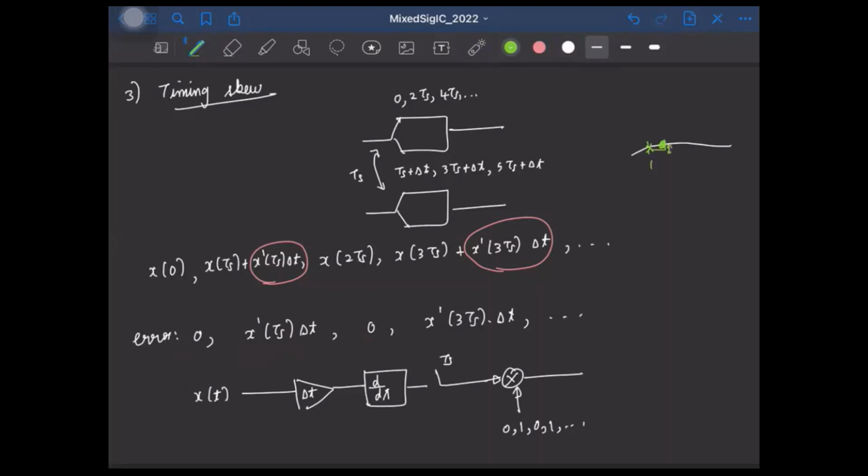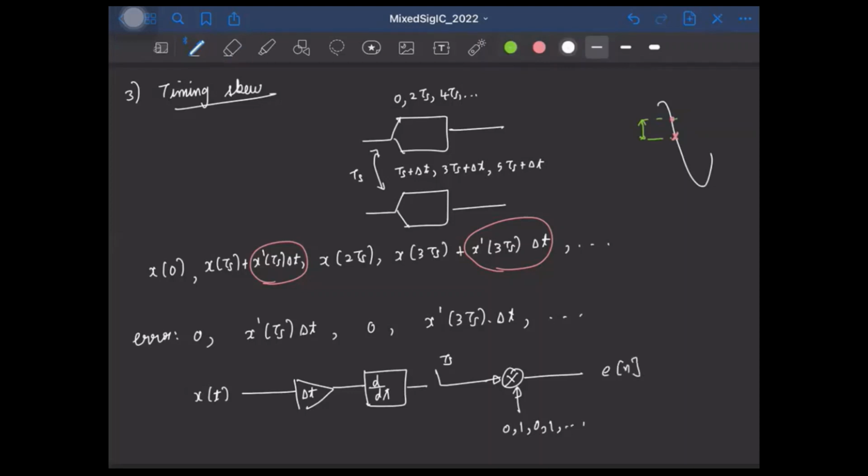So this is the error in the amplitude. But instead, if the input is changing very rapidly, even if we have a very small error in the timing, in the sampling time instant, the corresponding error you incur in the magnitude is much larger. Okay. So now this is how we can model this error signal.